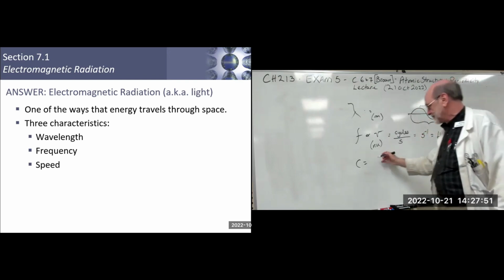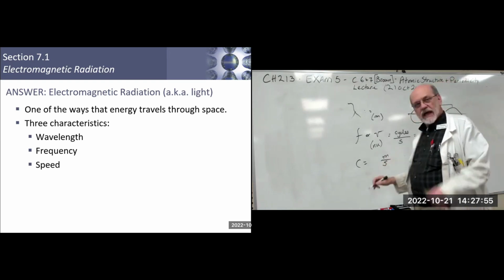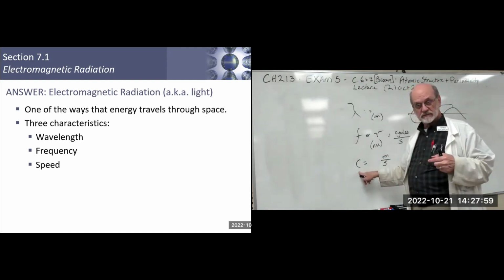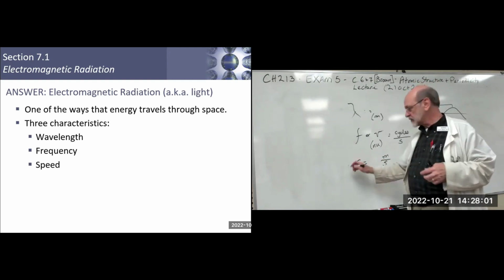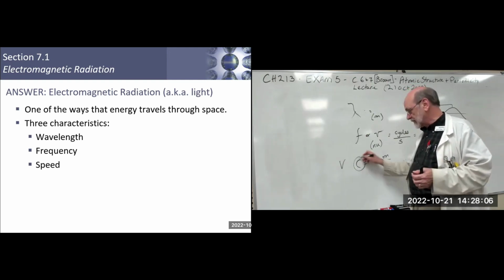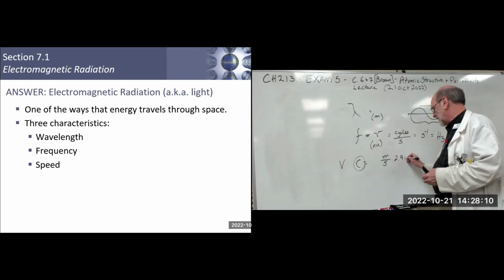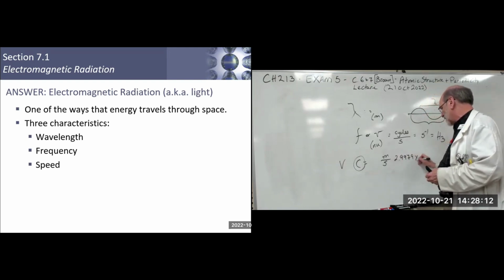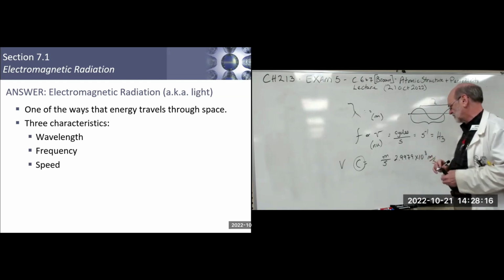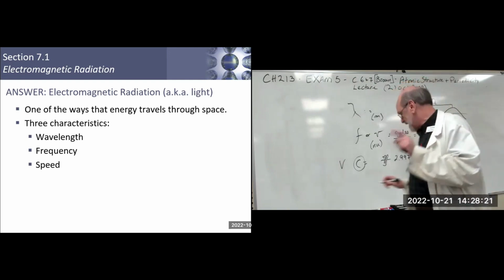So it's going to be in units of meters per second. And for the speed of light, we're given this special symbol. Normally we would just say v for velocity. But for light, we say little c, and that's equal to 2.9979 times 10 to the 8th meters per second. That's the speed of light in a vacuum.